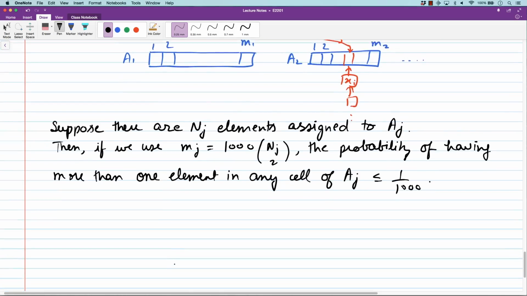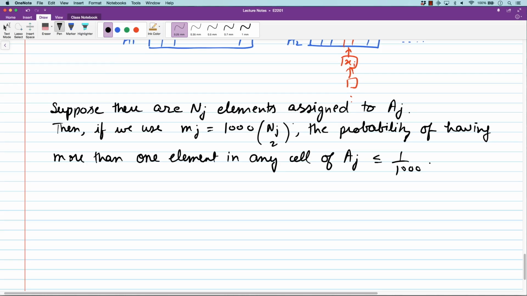However, we don't know which cell we want to ensure this for, but that's the hidden part of this question. We only want to ensure this for a single cell.